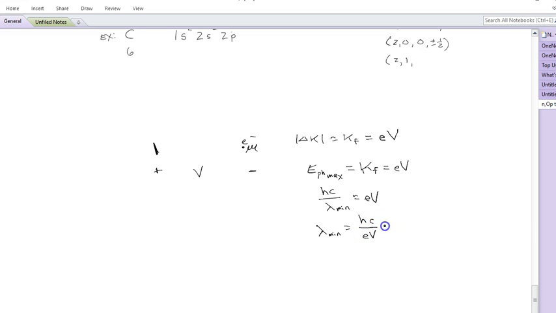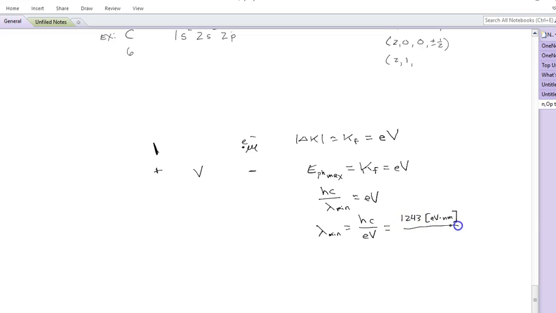In fact, if you want, you can remember that hc can be written as 1243, and I'll put the units in brackets because it can get confusing that we have a unit abbreviated eV, and in the formula we have an eV, which is the product of fundamental charge and voltage difference.